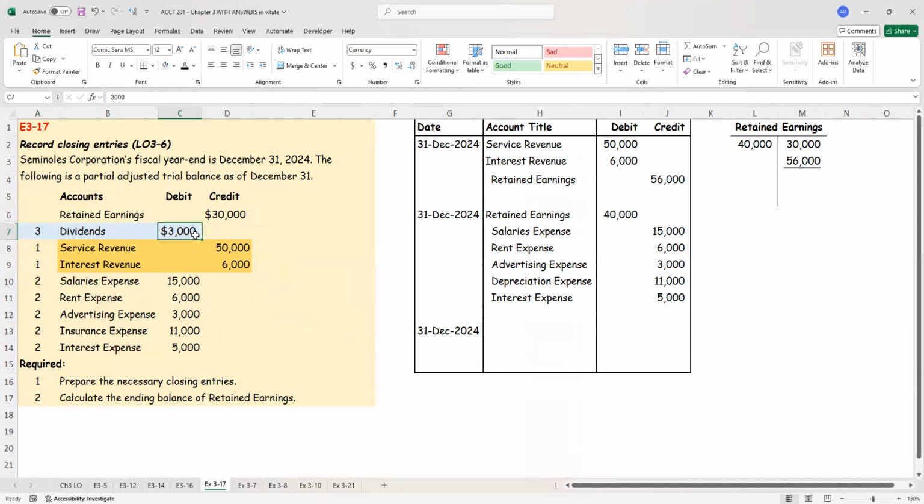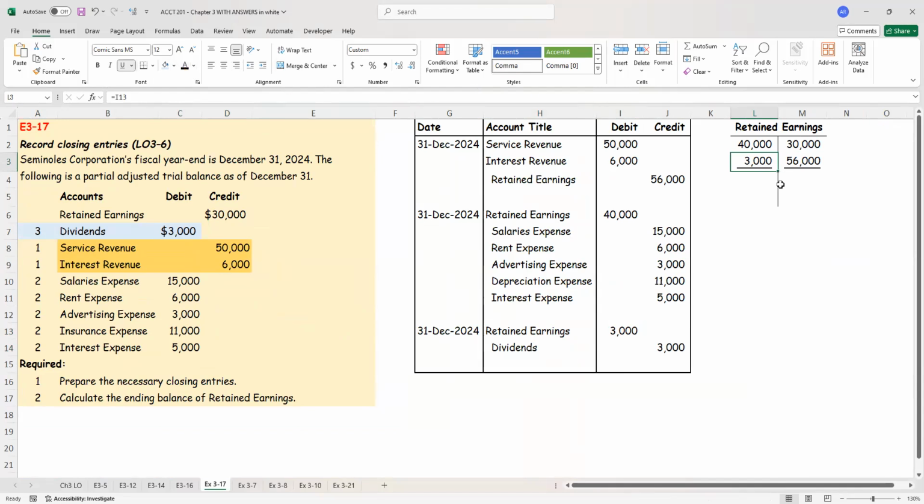Just like expenses, dividends has a debit balance, which means I need to credit dividends 3,000 in order to close it. And again, I will debit retained earnings, 3,000. Retained earnings will be debited 3,000. Dividends are paid out of retained earnings. Retained earnings has a credit balance. If I pay the dividends out of retained earnings, I'm decreasing it.